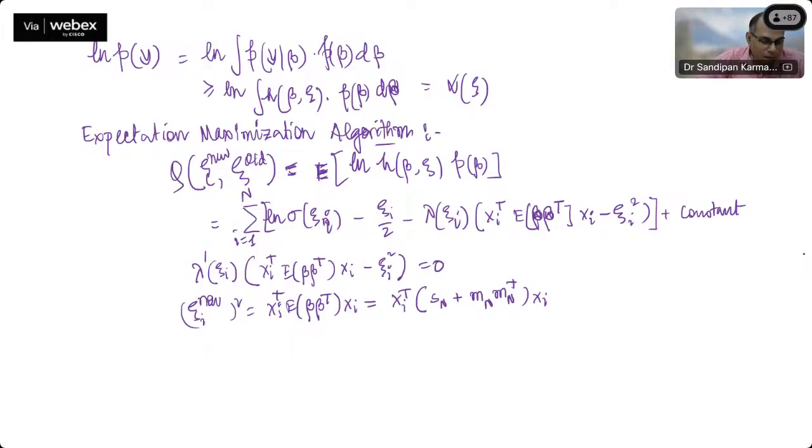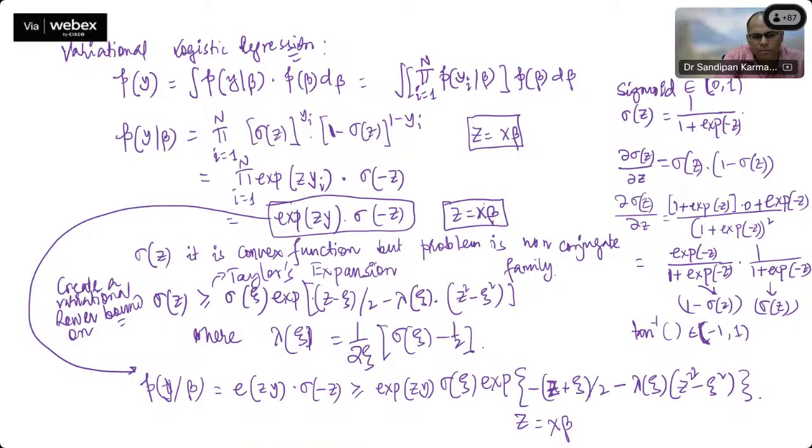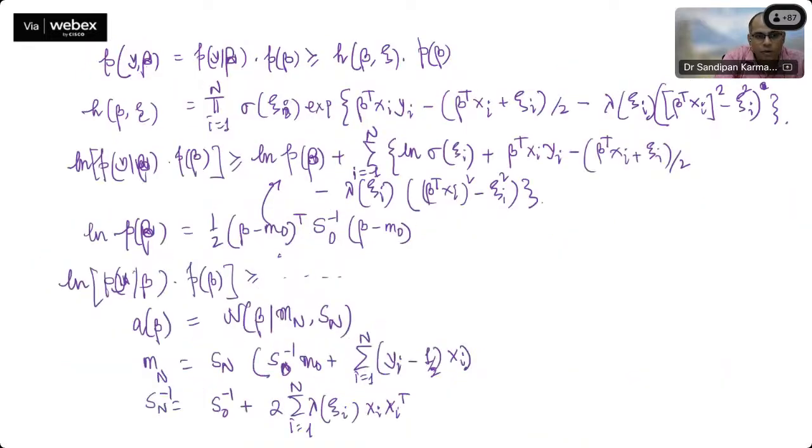and this is what will be the update in the xi value, which is a free parameter, right? And based on this we will be doing the update. So how this model will work: first, for a particular value of xi, you find out what the update will be in the parameters of beta, that will be m_N and S_N inverse.